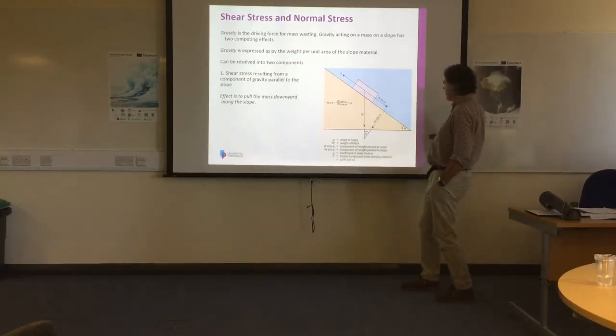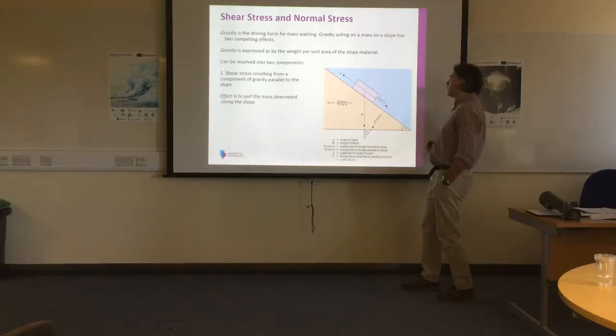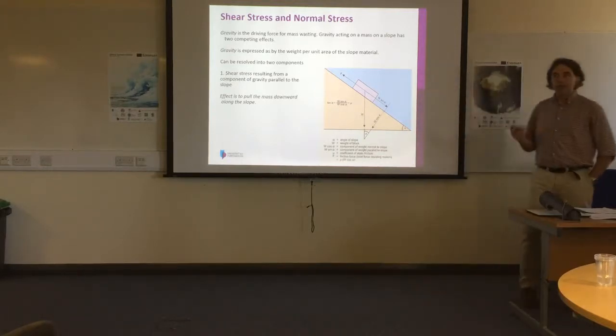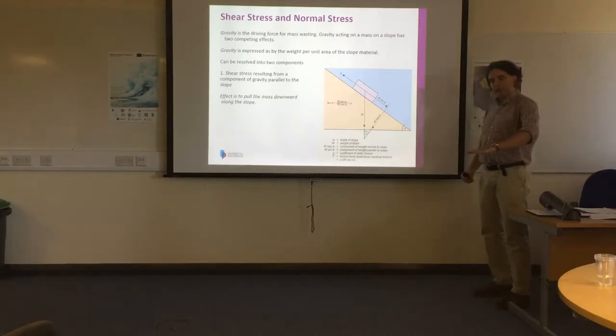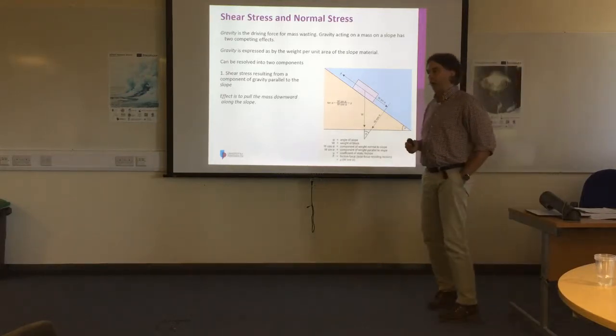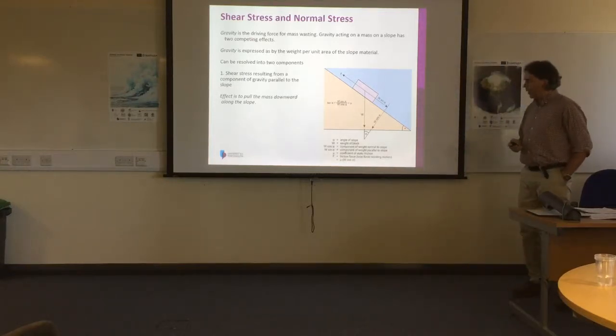A component of gravity is trying to drag it down the slope, and a resisting force is acting against it, trying to keep the block where it is. If you put a block on a surface and tilt it, the block will stay where it is. Then at some point the block will move, and there's a triggering angle at which it will slide. It's that balance of forces we want to look at.